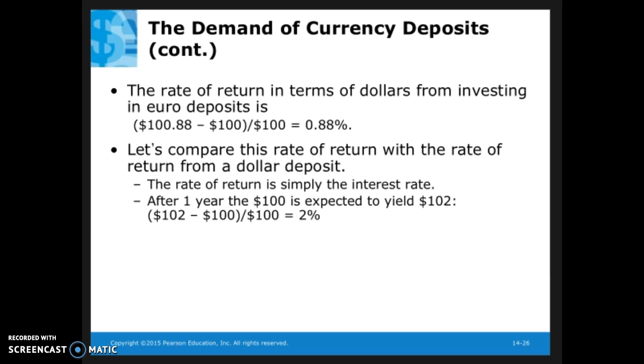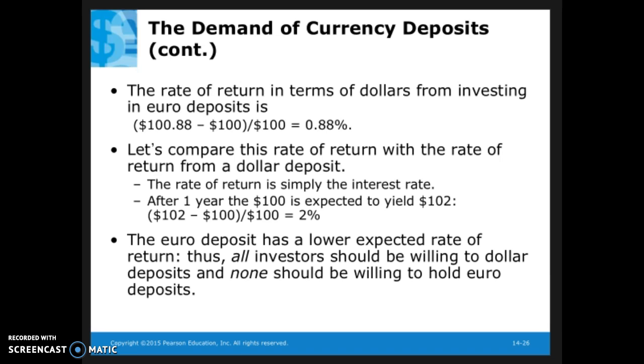The rate of return is simply the interest rate. The euro deposit has a lower expected rate of return. All investors should be willing to hold dollar deposits and none should be willing to hold euro deposits.